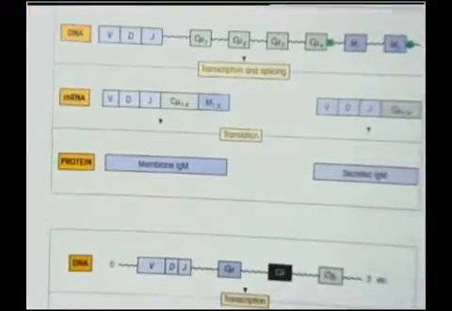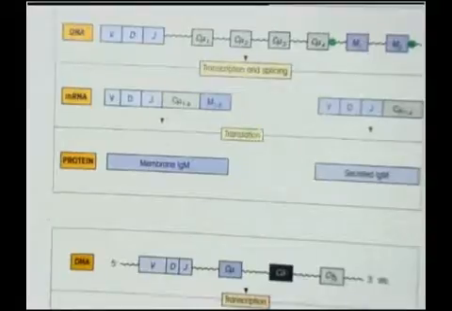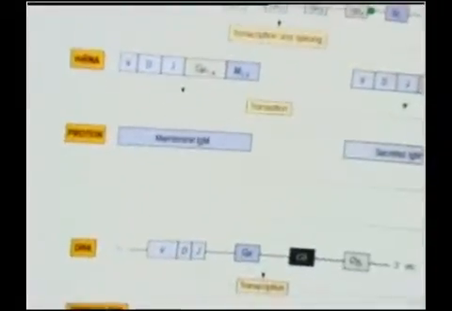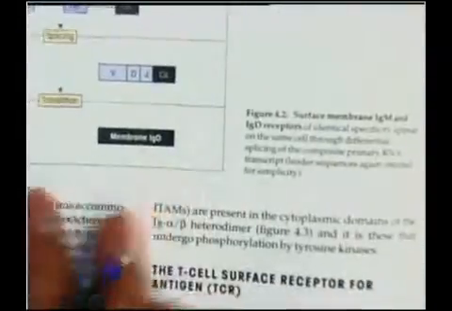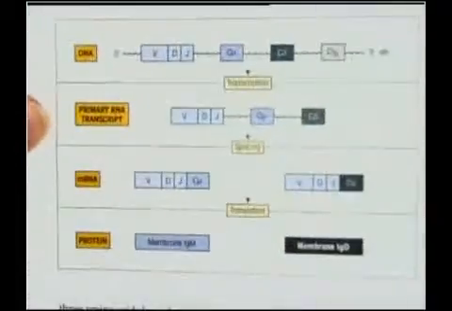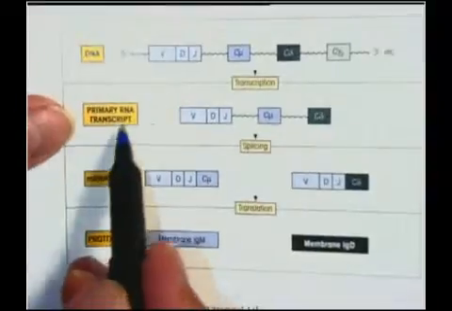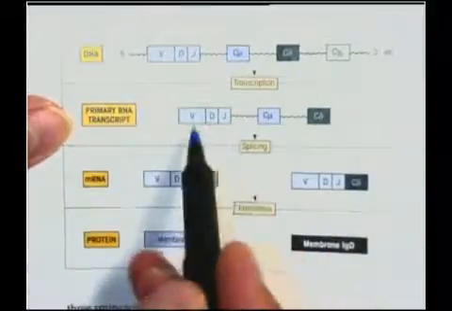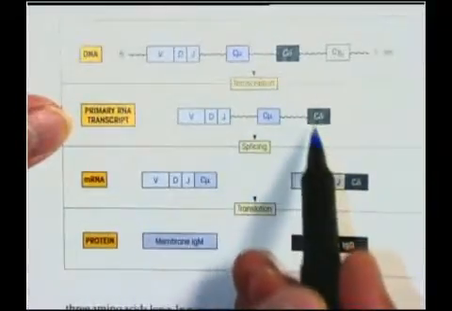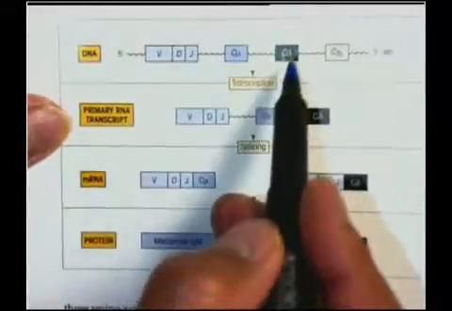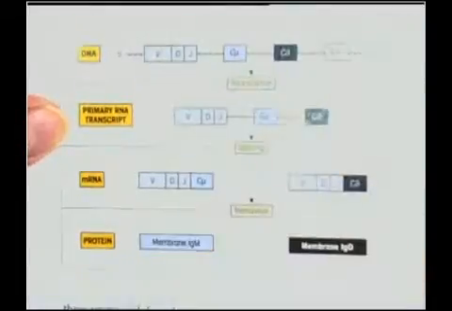Okay, so the other one, the surface membrane IgM and IgD receptors. The other part is 4.2. You have the same thing here. In this DNA and primary RNA transcript, you get the VDJ-C mu, and here this is being spliced out, the dark one.